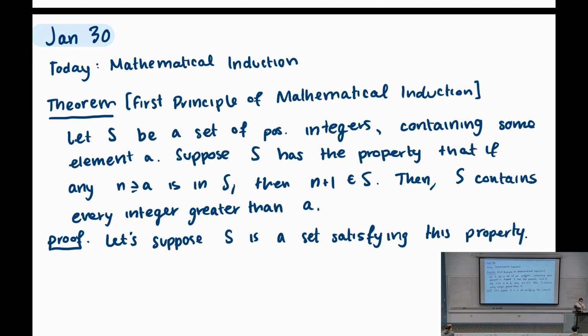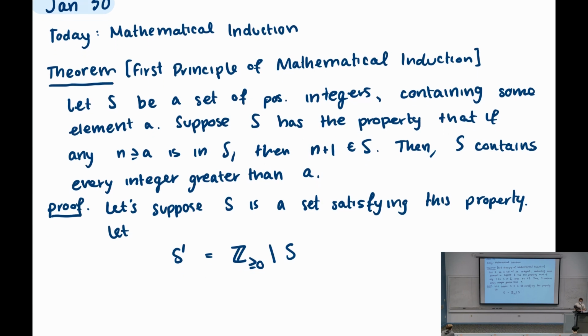Okay, then we'll let S prime be equal to the non-negative integers, but we'll take away all elements of S. Okay, so this is the complement of S in the integers greater than or equal to 0.